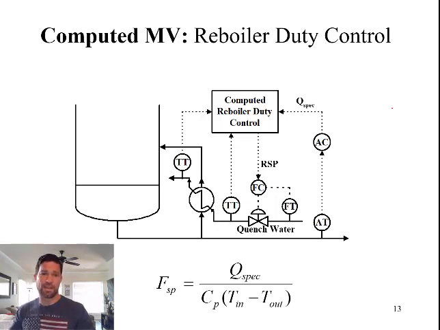So here's an example where we have computed manipulative variable on reboiler duty. In this case, we have quench water. The temperature of the quench water can change, and we're going to control the flow, so that's going to be our manipulative variable.